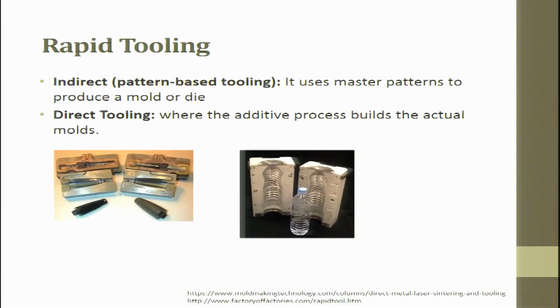So, indirect tooling uses a master pattern to produce a mold or a die. To produce a die, you need a tool. So, if you can produce that, that is called indirect tooling.